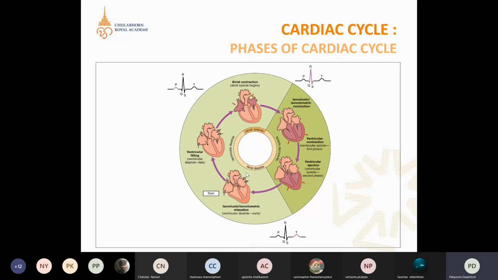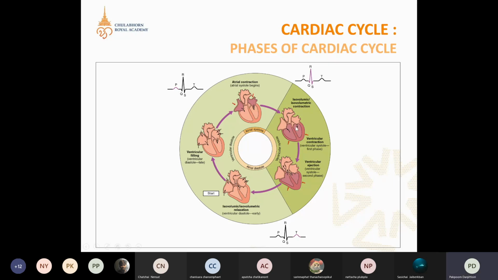And after that, the LV or the RV, I mean the ventricle, will try to build the pressure again in order to pump the blood out into the aorta. So it will go to the isovolumetric contraction. I mean, at this phase, there is no change in the volume, but just the pressure changing in the ventricle.